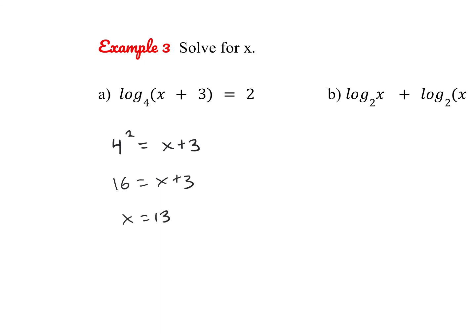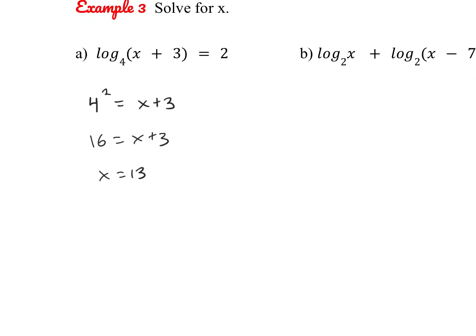So x equals 13. And of course, since it's very possible to get extraneous solutions, we need to check this. So we can substitute it into our equation. So we get 13 plus 3, which is 16. Log base 4 of 16 is 2, and 2 is equal to 2. So our answer is correct.